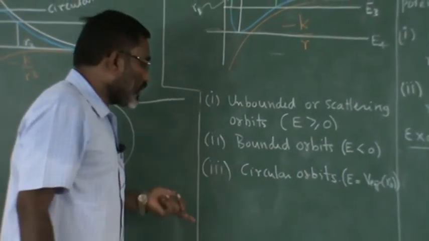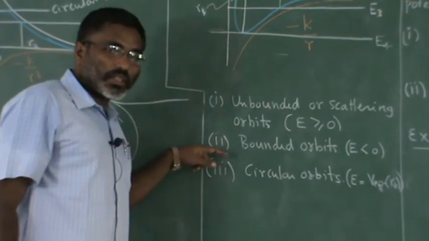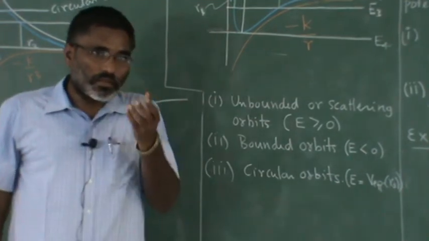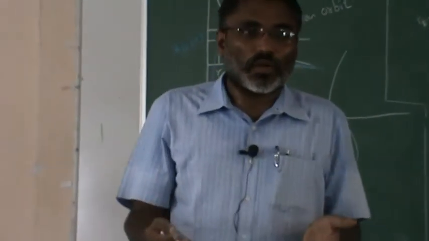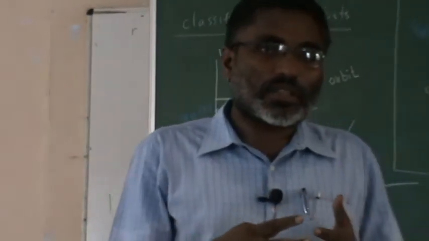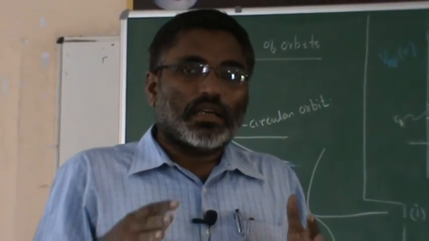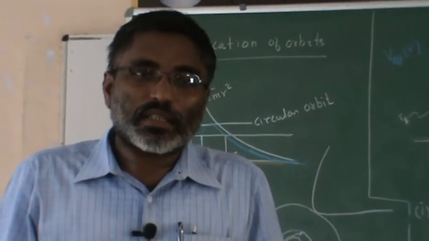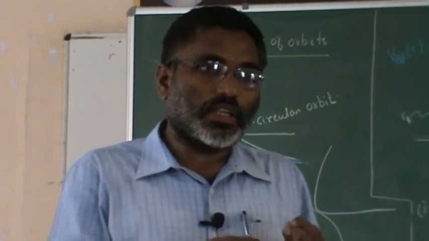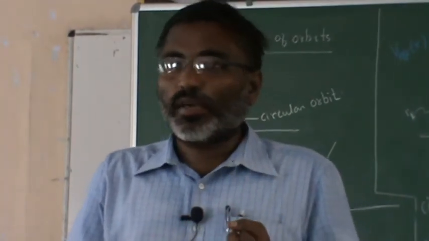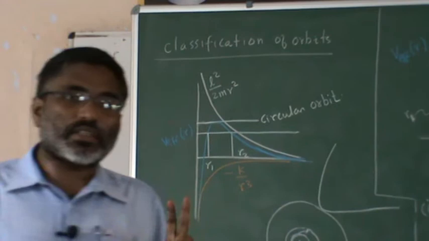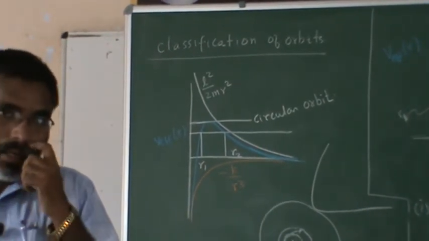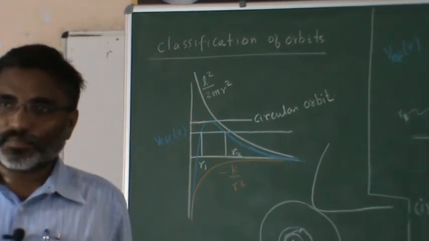Now if you ask for what potentials all bounded orbits are closed? All bounded orbits need not be closed, right? So Bertrand's theorem says there are only two such potentials. One is the Coulomb potential, the other is the harmonic oscillator potential. Only for these two potentials are bounded orbits closed, independent of the energy.